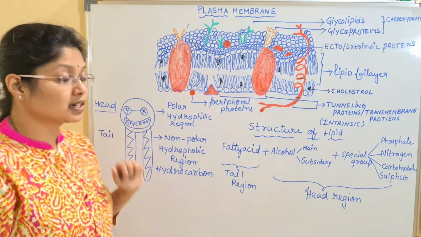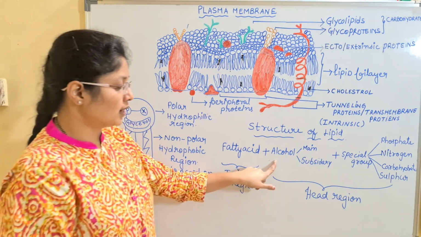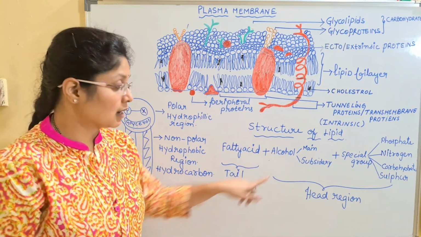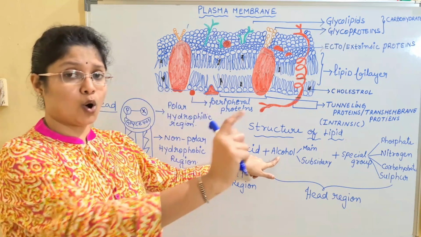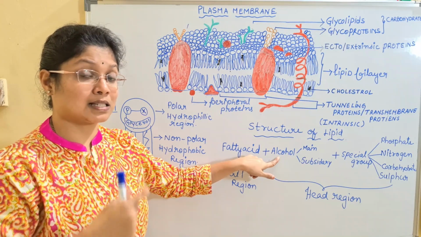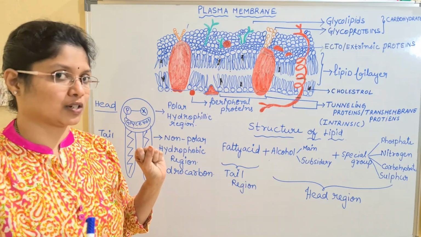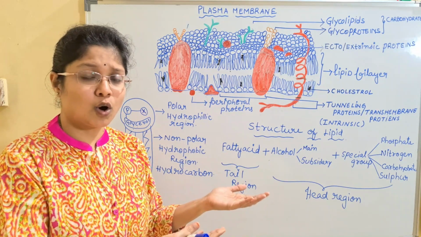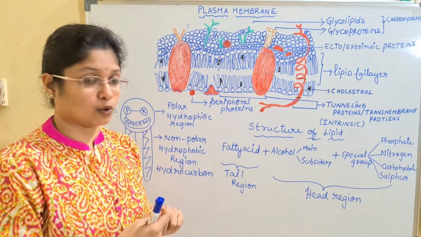And this head region will contain three major groups. What are the three major groups? One, they have the alcohols, and in these alcohols, the main alcoholic group will be present as well as a subsidiary alcohol, meaning two alcoholic groups will be present in general. So the first one is the major alcohol, and the second one is the minor or subsidiary alcohol.